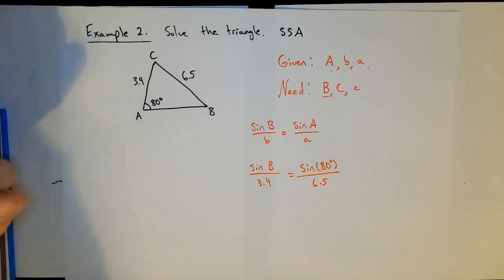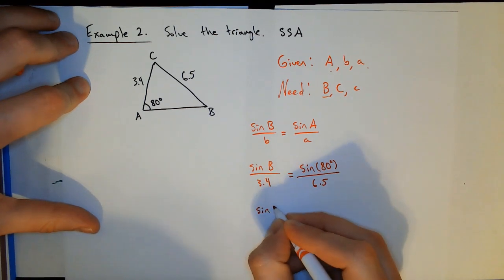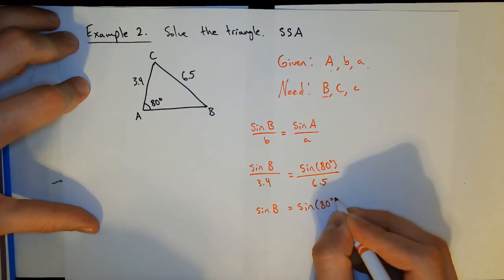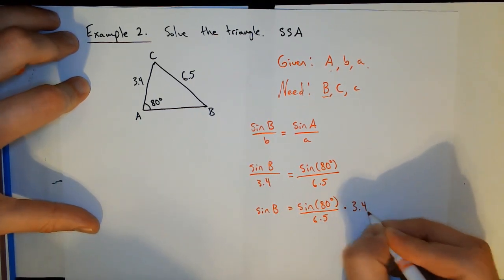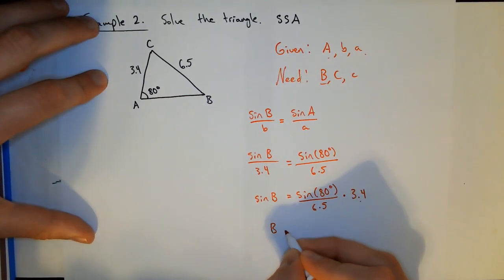I want to isolate B, so I'll multiply by 3.4 on both sides. And then I'll take the sine inverse on both sides.